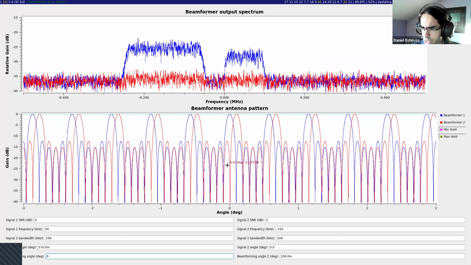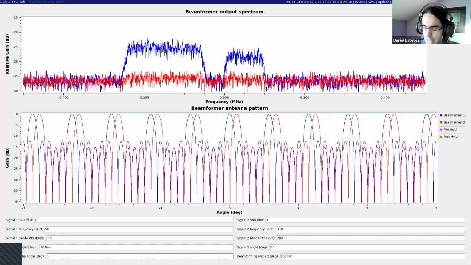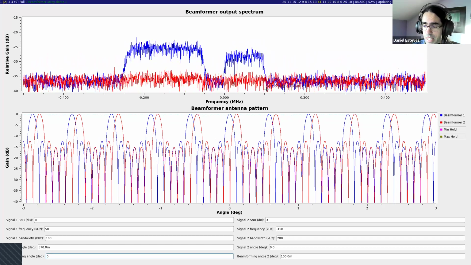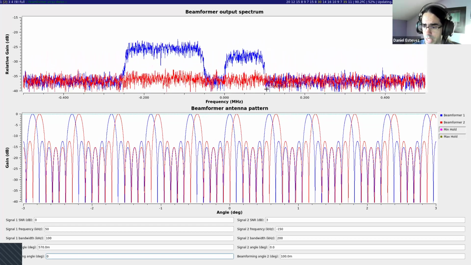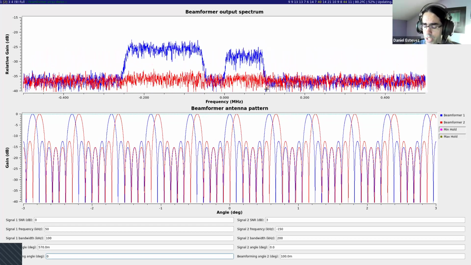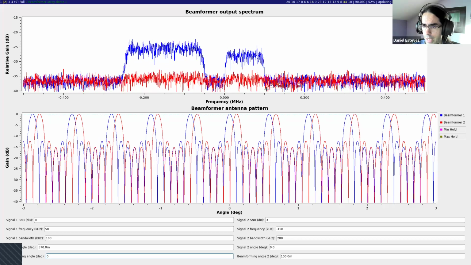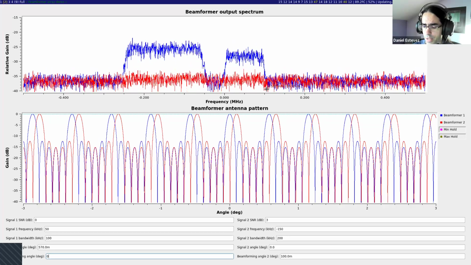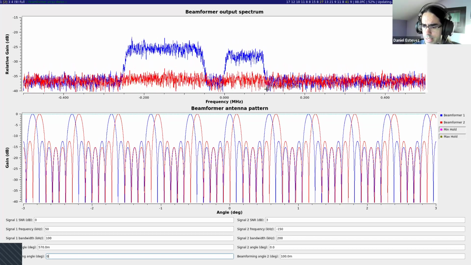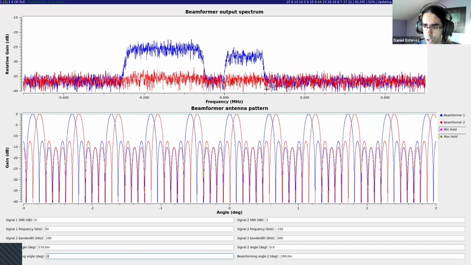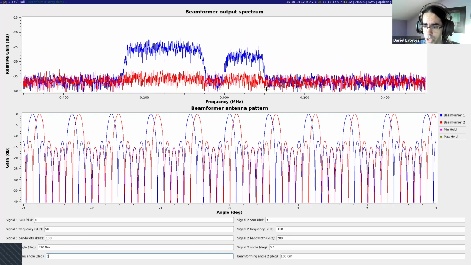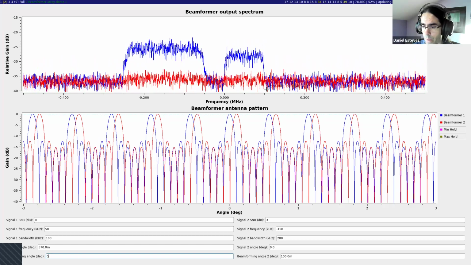What else should I mention about this? Yeah, the example that Steve always says about aperture synthesis and beamforming and correlation is the following. If we had a very large dish, then its angular resolution would be very fine because the angular resolution of a dish is inversely proportional to the size of the dish.